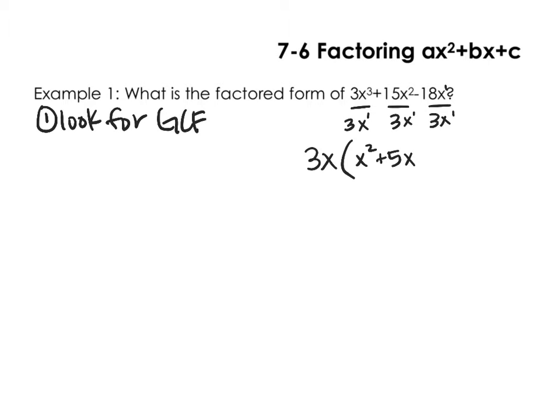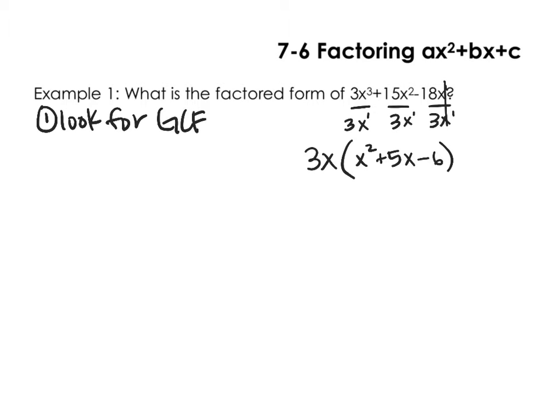And then negative 18 divided by 3 leaves me with a negative 6, and x to the first divided by x to the first cancels, so I'm just left with that negative 6.